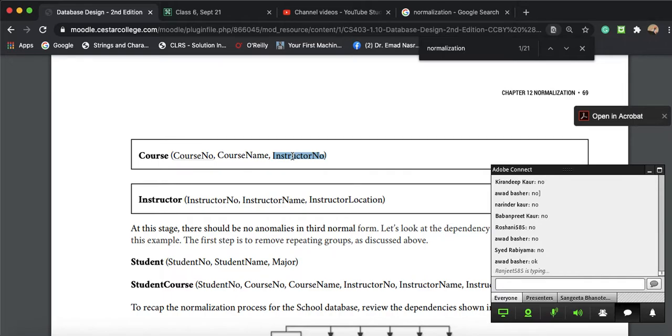So we still have the problem. No, because instructor number here is not a primary key. Yes, I see, but we will go on a break. Instructor number is not a primary key, which means when we fill this table, if we leave it null, that's okay.